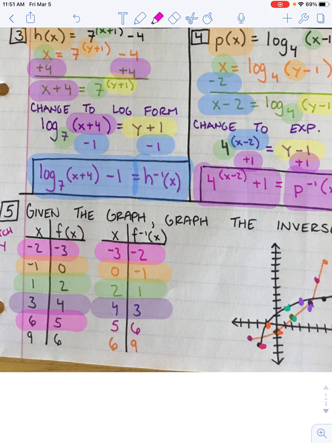Flip them, we'll make it 5 and 6. So 6, 1, 2, 3, 4, 5, 6, and 1, 2, 3, 4, 5. And flip it around, 5, 1, 2, 3, 4, 5, and 1, 2, 3, 4, 6. Okay, so here are 9, 6, and 6, 9. They don't fit on our graph, so we're not going to worry about those. Again, you're just switching your x and your y.